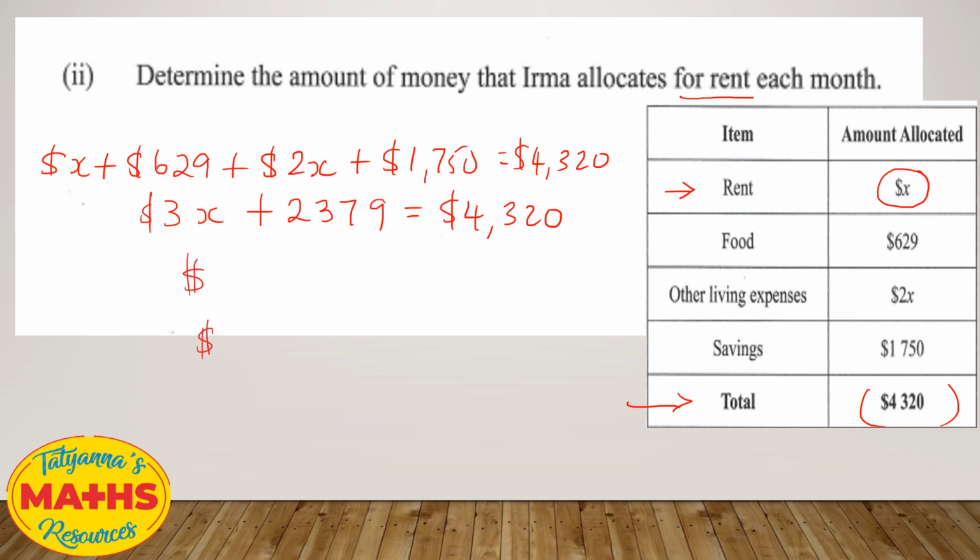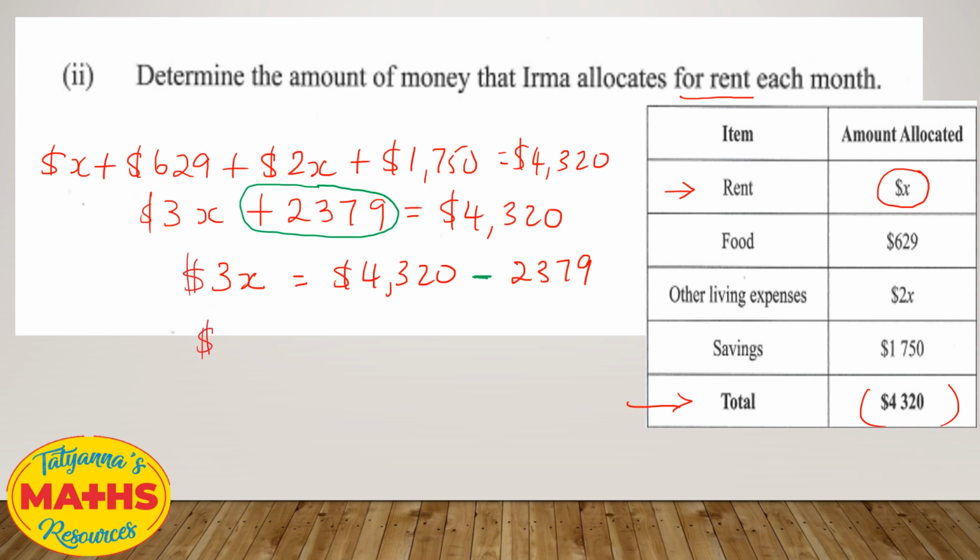4,320. So it's an equation and we want to solve for X. So let's write 3X is equals to 4,320. Remember, this is plus 2379. It's going to become a minus 2379.